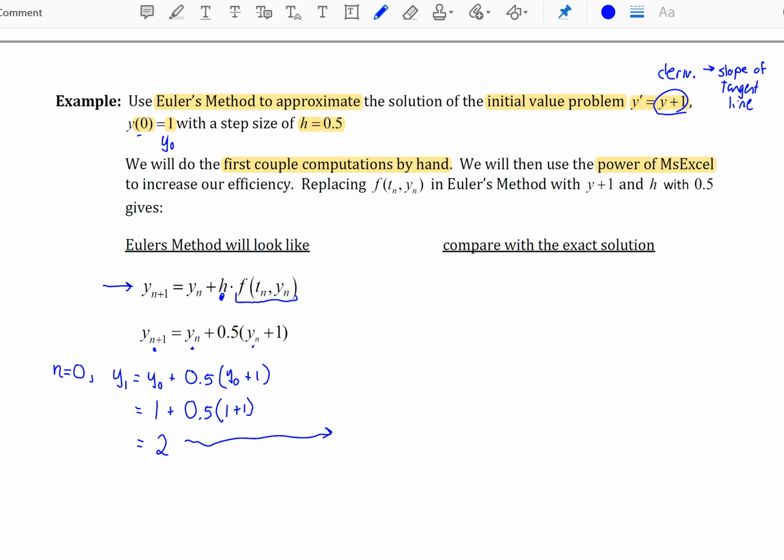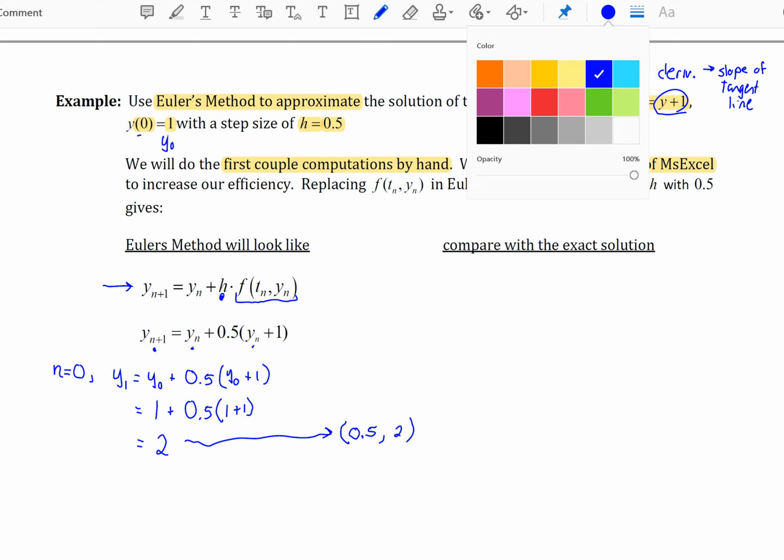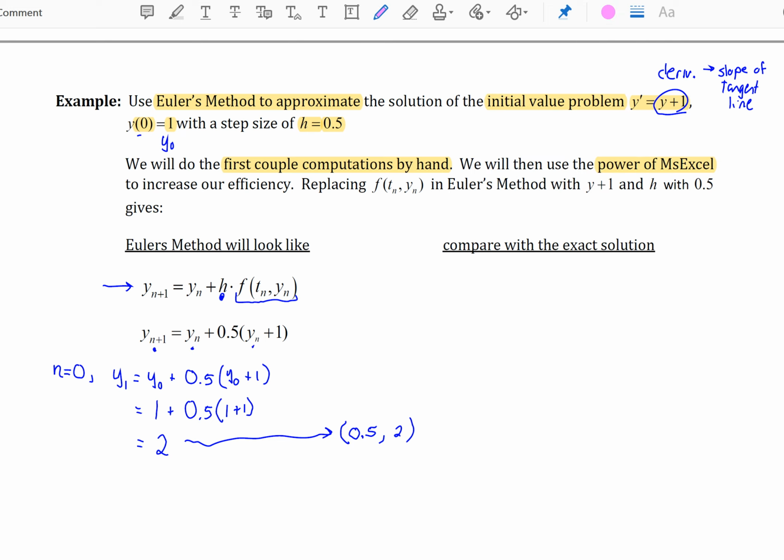This is going to give our first point that we can plot, which is going to be at your t value of 0.5, because you did one step, and your y value is going to be 2. So specifically, I can label this as our t1, y1 value.